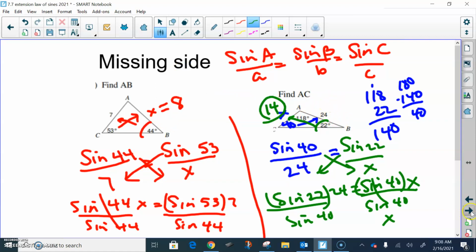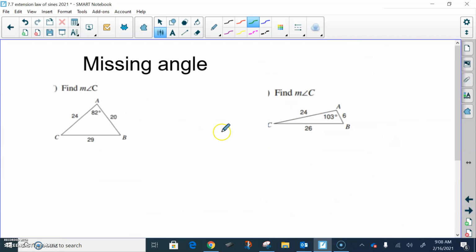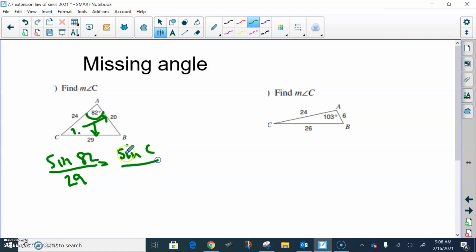Now let's try it with a missing angle. It still works. You still have to have an angle and a side across from it and one other piece of information. This time we're looking for angle C. So we're going to use the 20. So I'm going to say sine of 82 is to 29 as the sine of angle C, we don't know that, we're just going to call it C right now, is to 20.